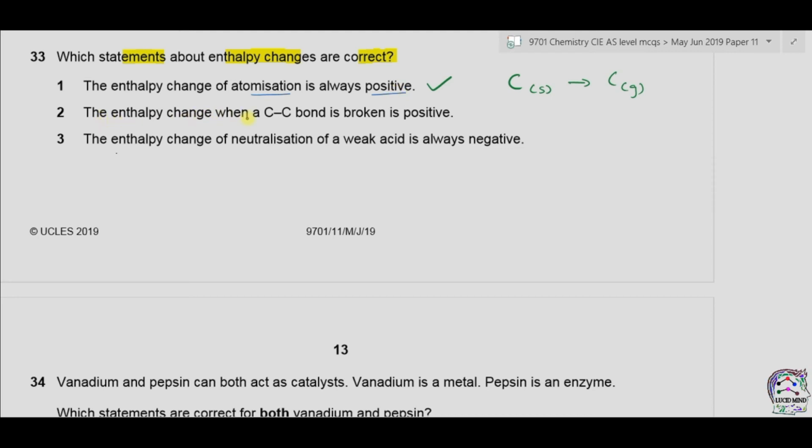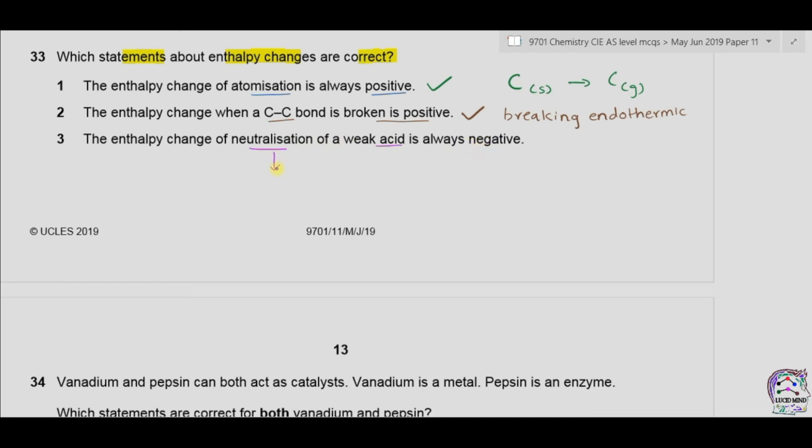Option 2. The enthalpy change when a carbon-carbon bond is broken is positive. Now this is also true because bond breaking is always endothermic, as it always requires energy to break a chemical bond. 3. The enthalpy change of neutralization of weak acid is always negative.